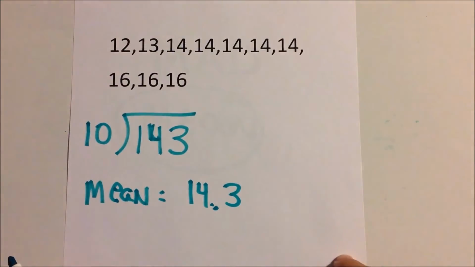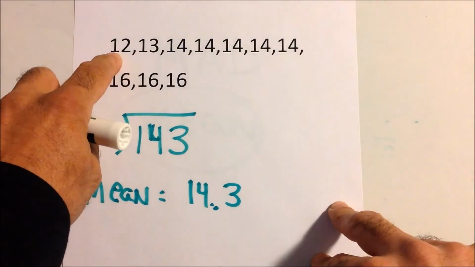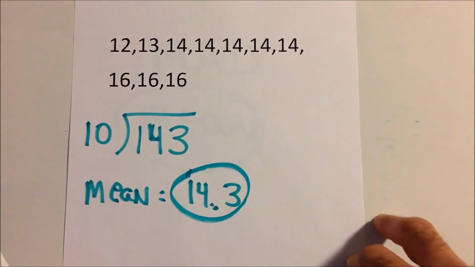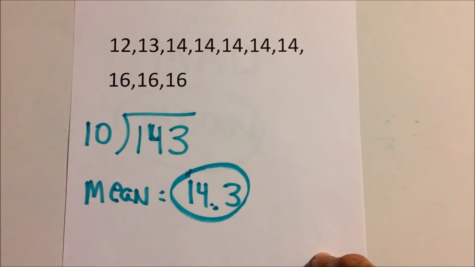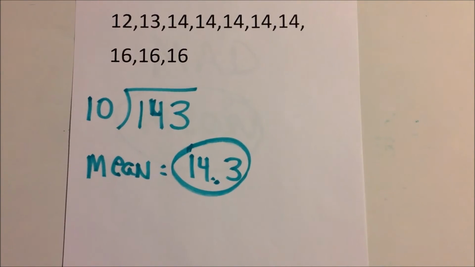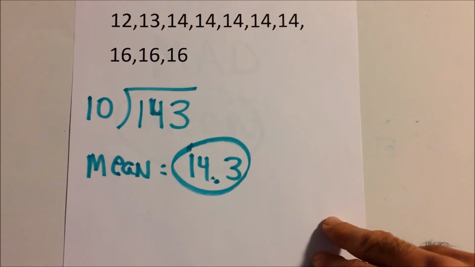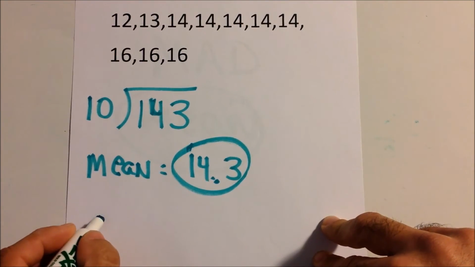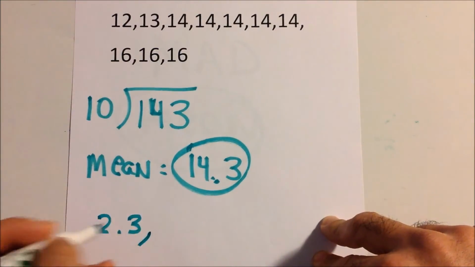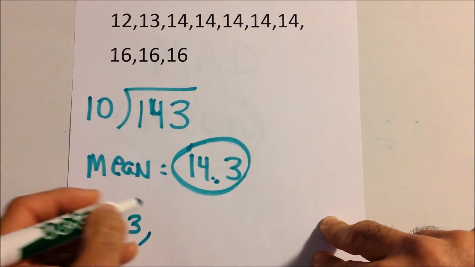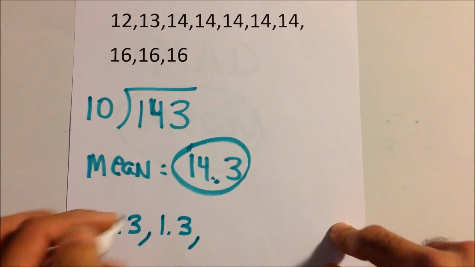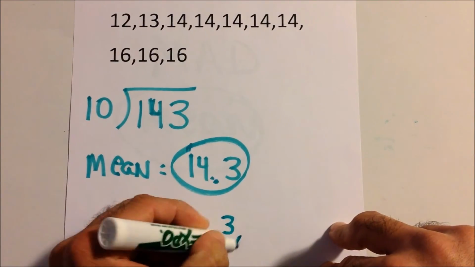So now we want to find how far each number is away from the mean. We add all that up, divide by 10 again, and we'll get our MAD. Okay, so if we look at 12, 12 is 2.3 away. Then we have 13, which is 1.3 away from the mean. 14 is 0.3 away.